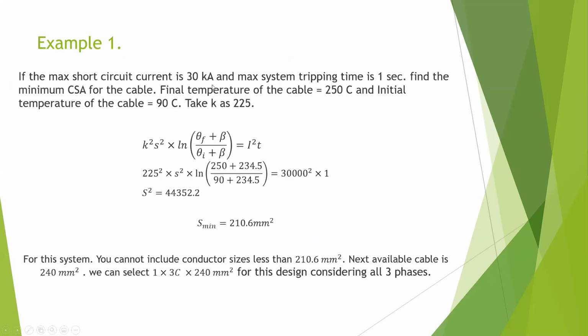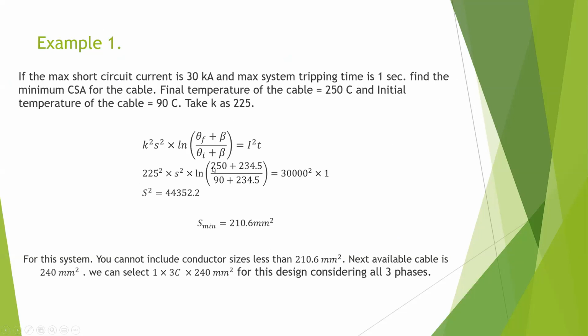So even though your current is very small, you are going to have a cable which has a larger cross-section area than this. So our cost will be very high when you have very small loads, because you can't use very small wires in this design.